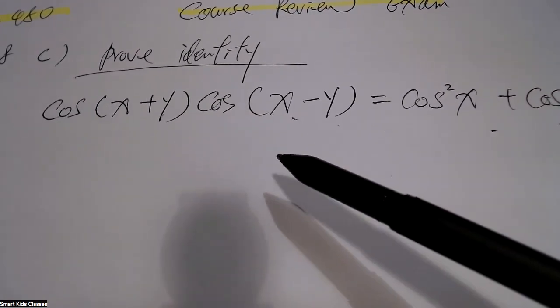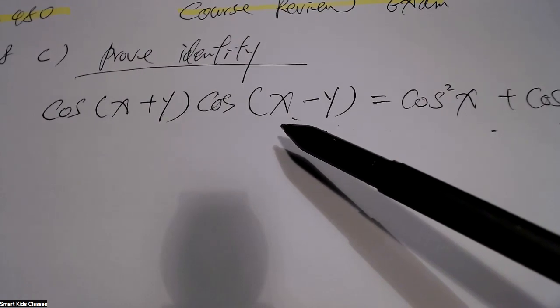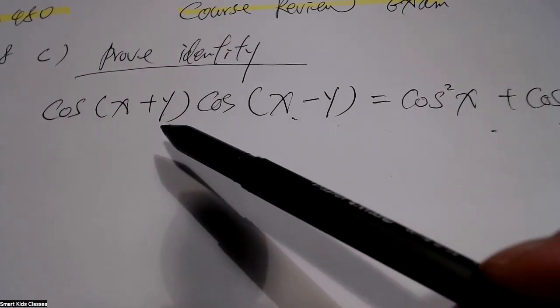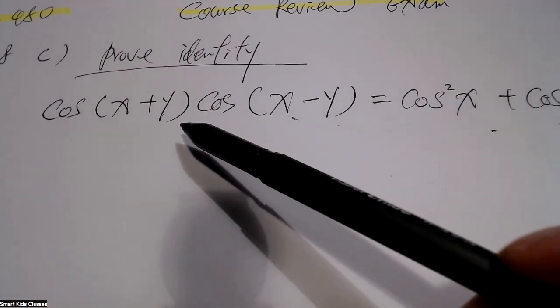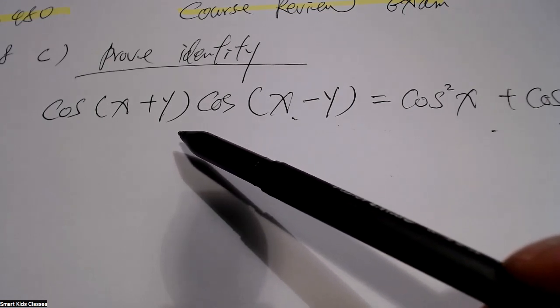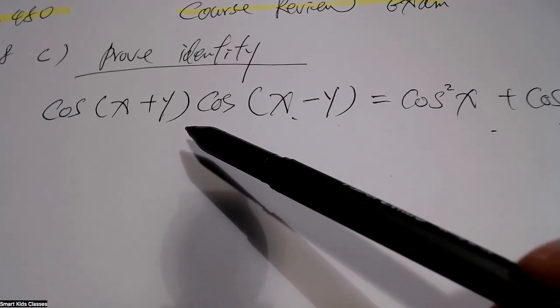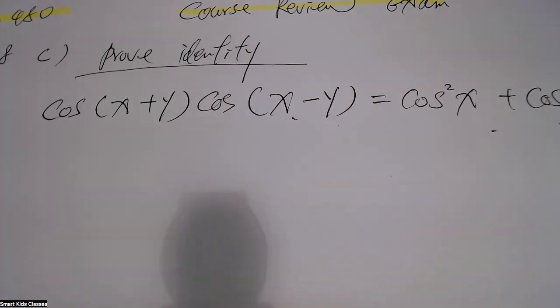I'm going to explain how to prove this identity. At first sight, you can already tell this is a compound angle formula, so we're going to apply the formula with straightforward substitution.